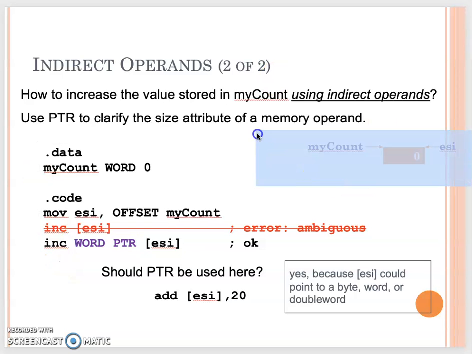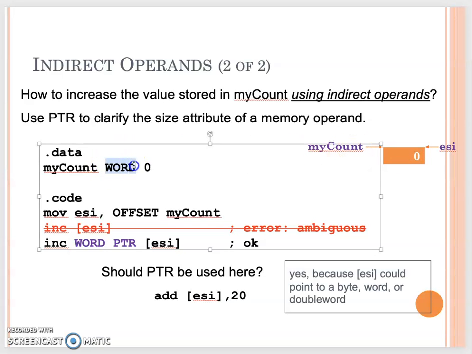Okay, we see how they look in the memory location. My count, you can directly and automatically dereference to 0. But ESI is only holding the location. So when you're using ESI, I know I point to here, but how many bytes, there is no information. My count knows to read 2 bytes, because the my count label is followed by the definition saying word.